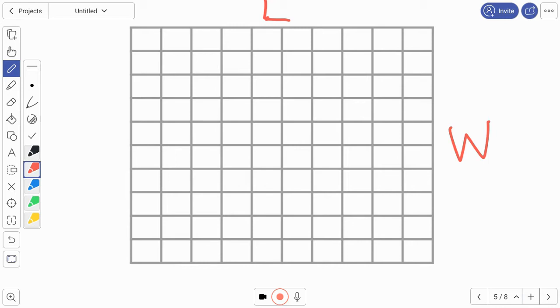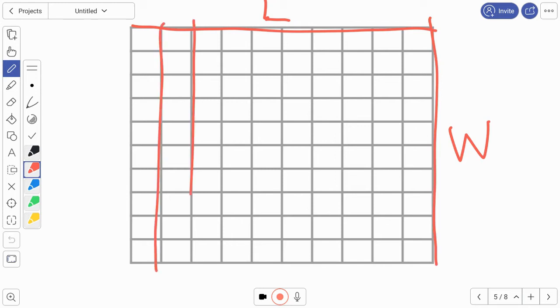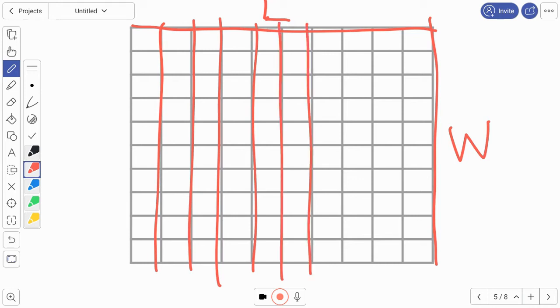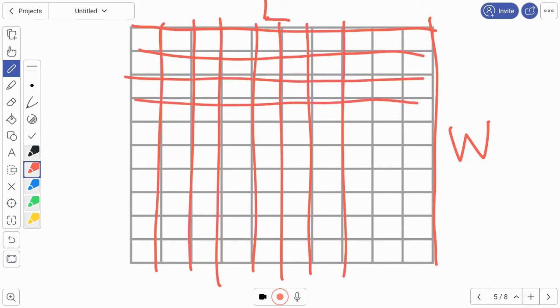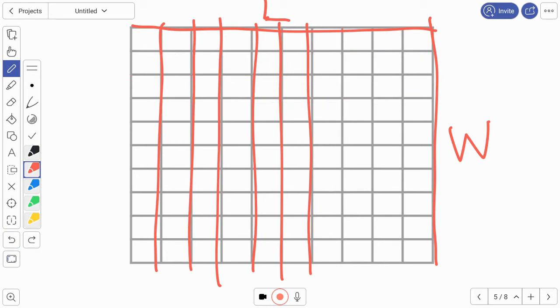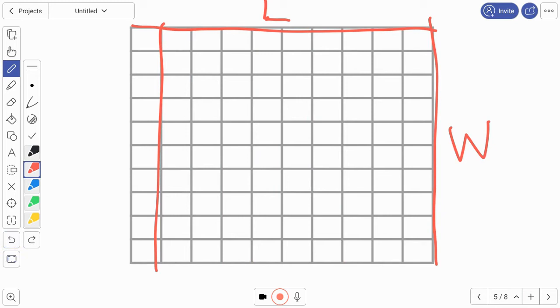And that's because what we are doing when we are measuring for area is we're actually creating little squares. We have the length, we have the width, and if we were measuring in inches, and we measured out every single inch in the length and every single inch in the width, we would create these little squares on top of whatever we were measuring.